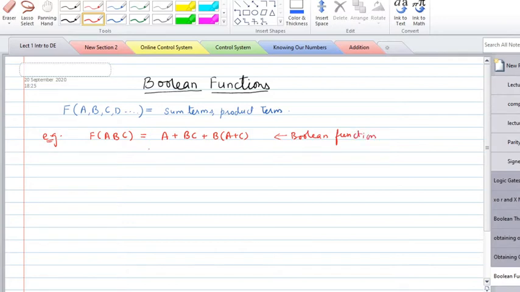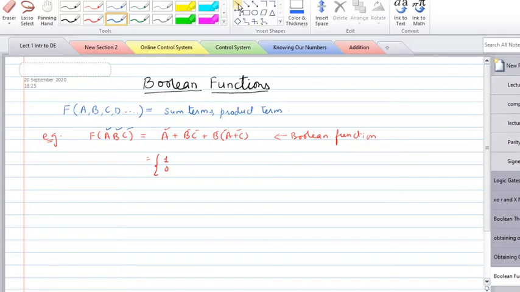Because its value will either be 1 or 0, depending on the values of these three variables a, b, c. The function may have either a 1 or 0 at the output.